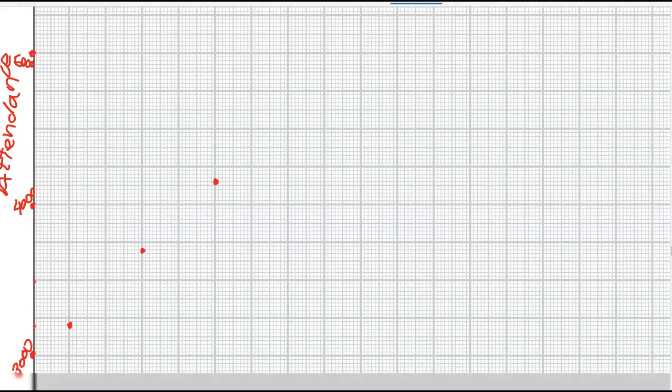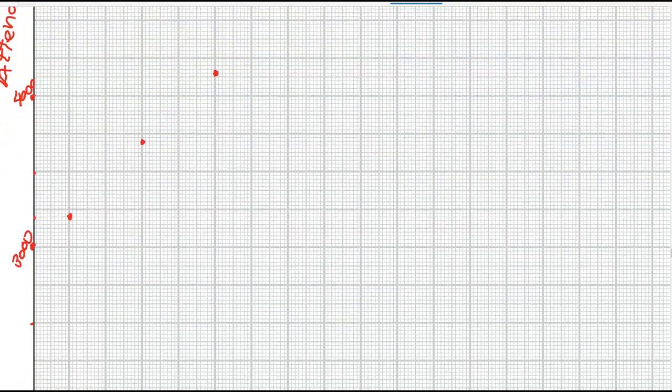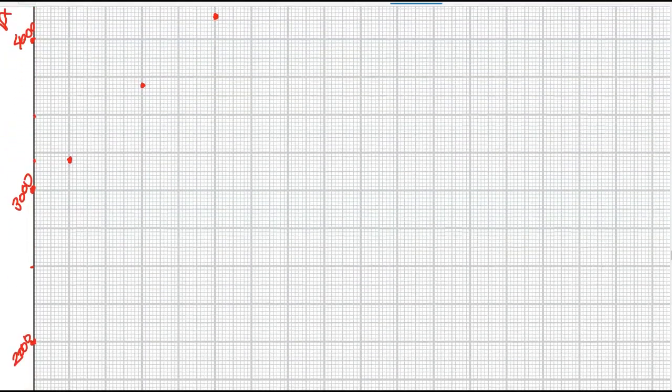So within this one, 4,000 is here, 4,500 is this point here. So just under 2,000. So that is 2,000. So we're going to go 2 small squares under.